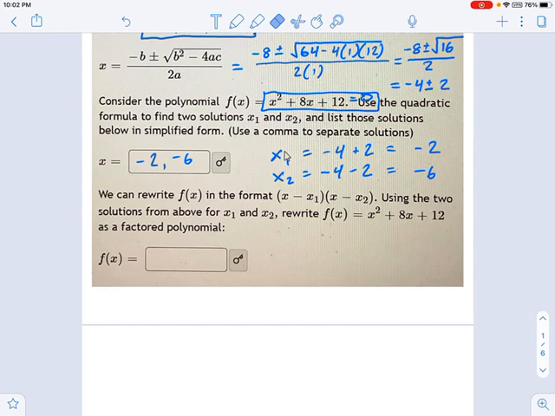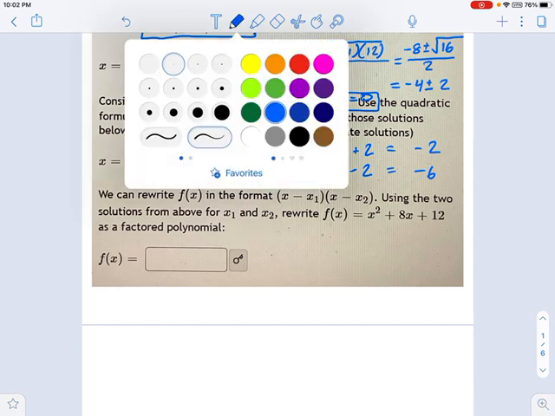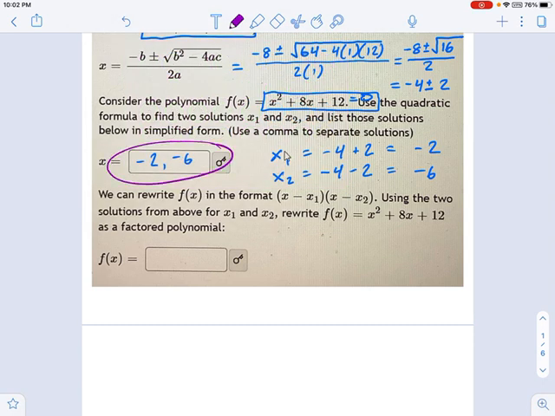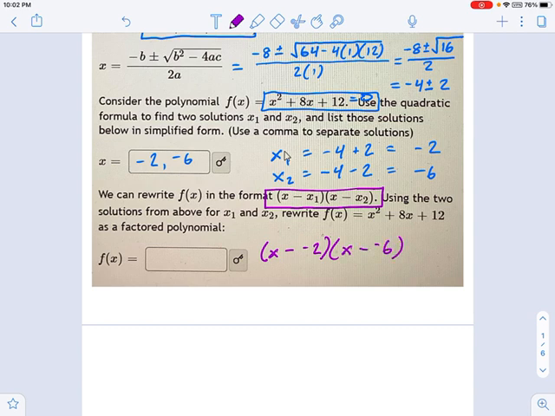Well, if these are the solutions right here, I know we can rewrite it in this form. x minus x1 and x minus x2, which for us looks like this. x minus negative 2 and x minus negative 6. That's our factored form, which you can write much more nicely like this. x plus 2 times x plus 6.